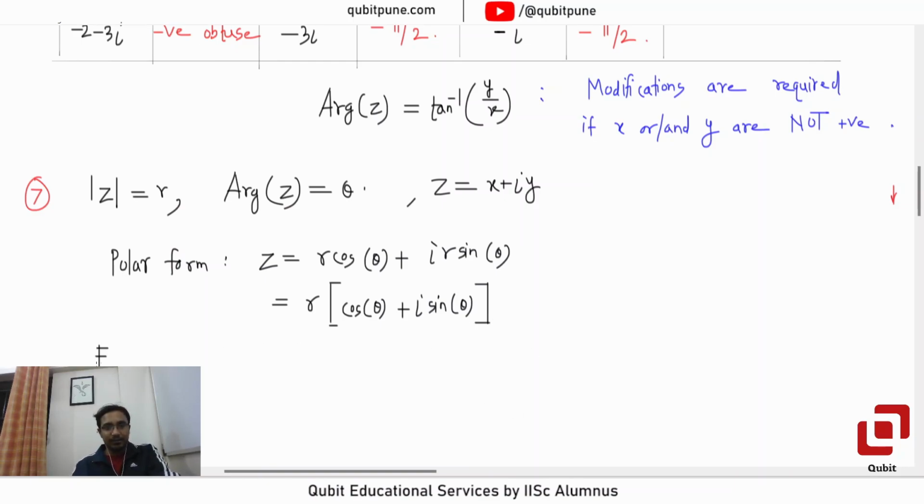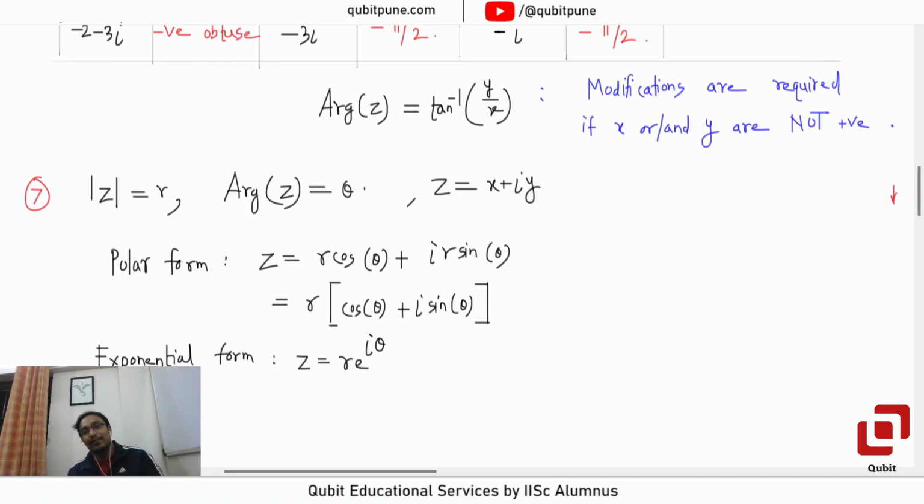What is exponential form? Anyone knows the exponential form? z is equal to exactly r e to the power i theta. Now, just like how can imaginary numbers be plotted on a real plane, how can we raise e to an imaginary power?